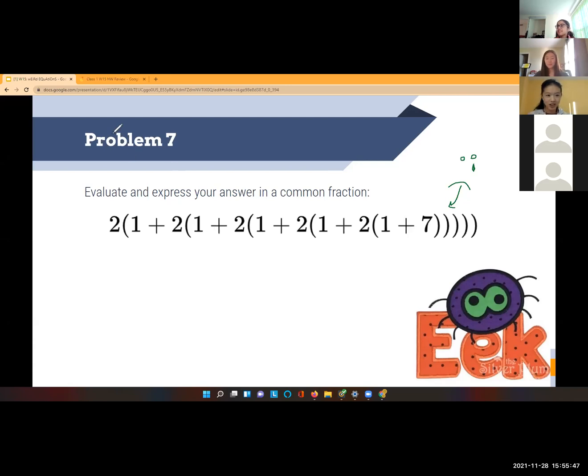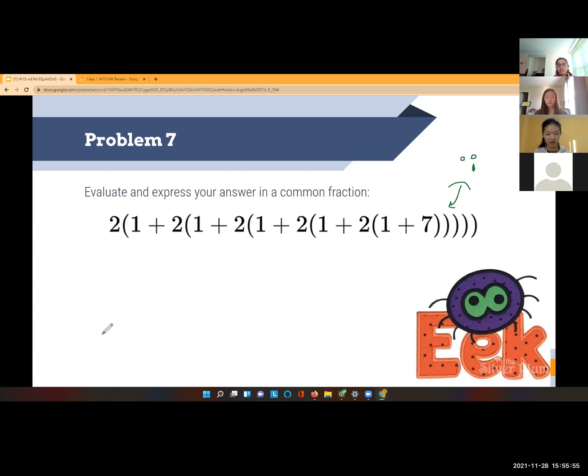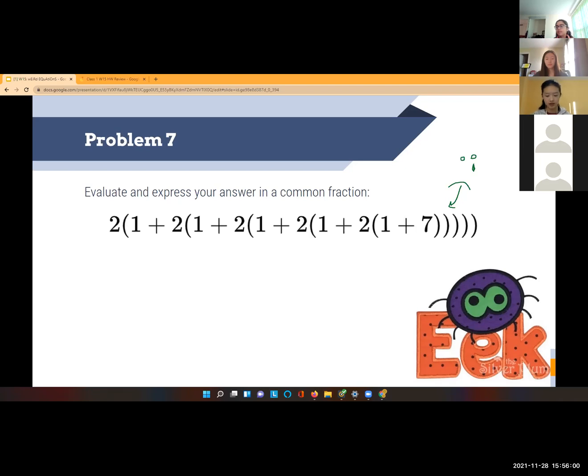It's a little bit harder doing it from a computer because you might accidentally do the parentheses too many times. But you start from the inside parentheses, right?